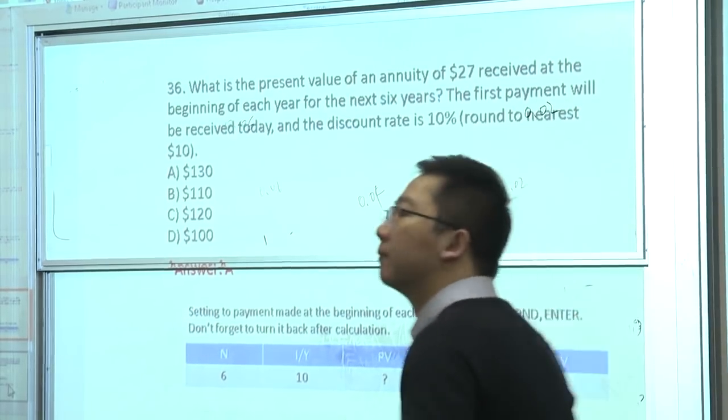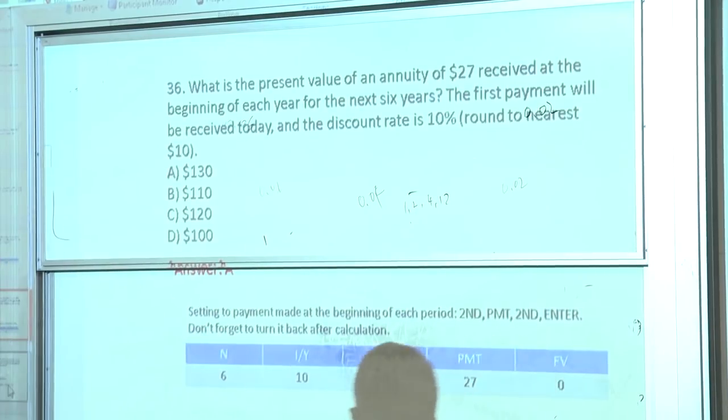What if there's one payment that is in the beginning, but every other payment is at the end of the year? Is that still considered annuity due? That's still annuity due, but you are expressing the cash flow in a little different way. The end of year is also the beginning of another year.